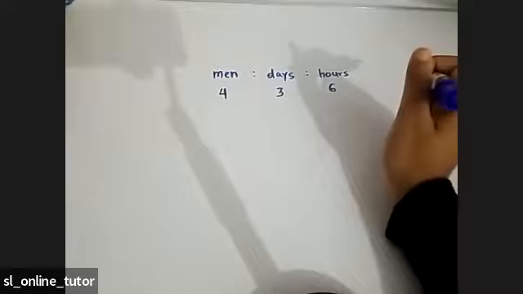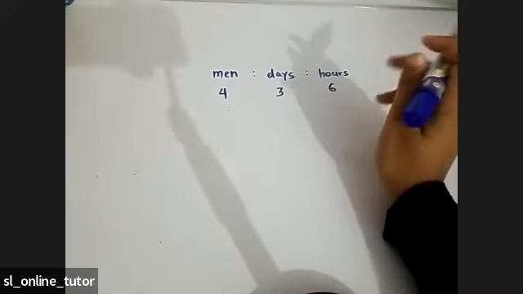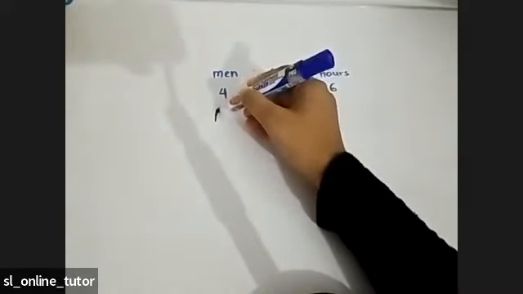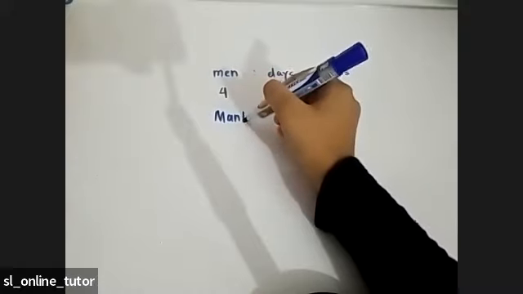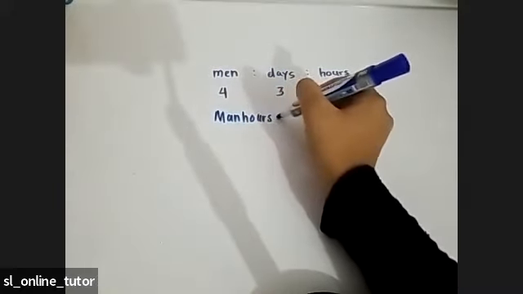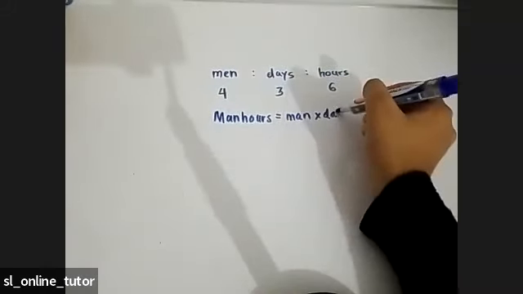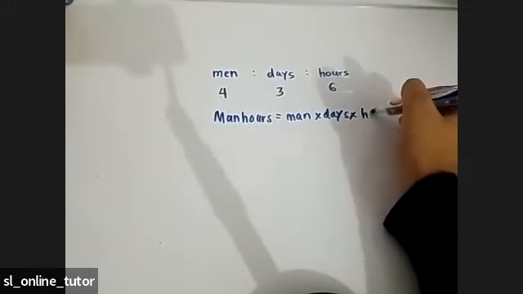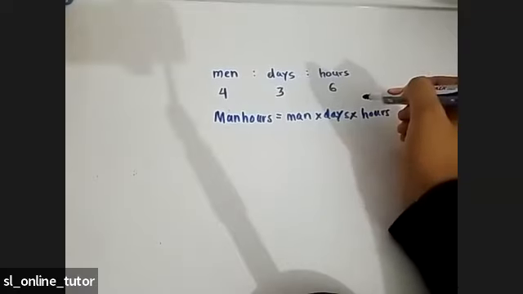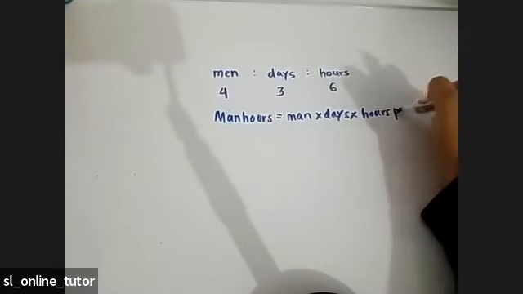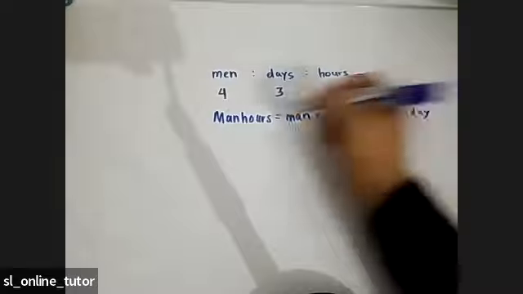What are they asking? They have given you a hint. That hint is your concept. If you need to find the man hours, you have to get man into days into hours. Hours for a day, per day. This is the concept.